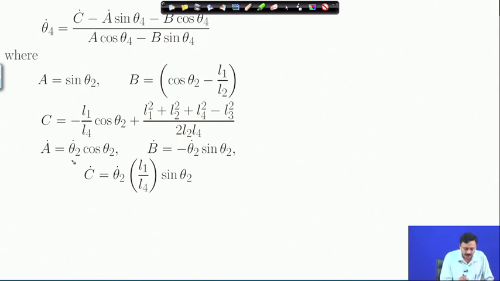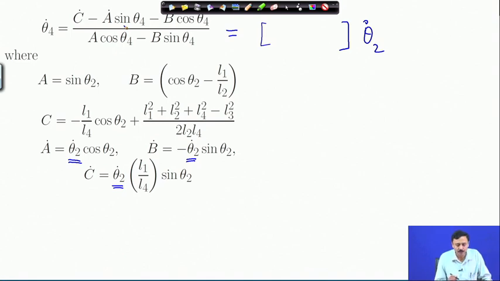All these quantities A dot, B dot, C dot, they have theta 2 dot multiplying them, they are linear in theta 2 dot. So, therefore, this expression can be written as something into theta 2 dot, because all the dot terms, A dot, B dot, C dot, appear in the numerator only.